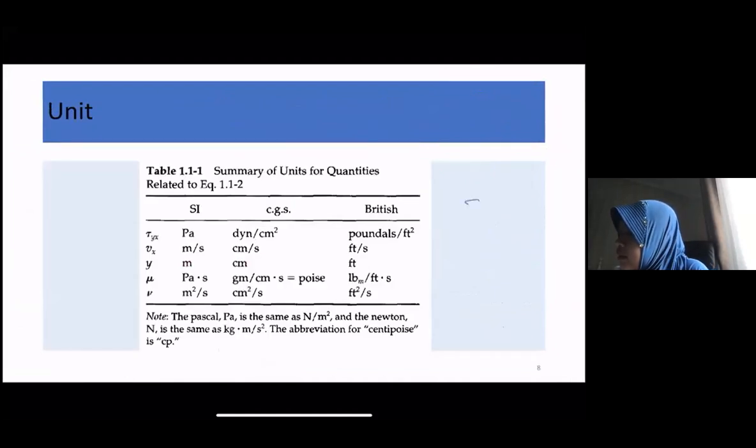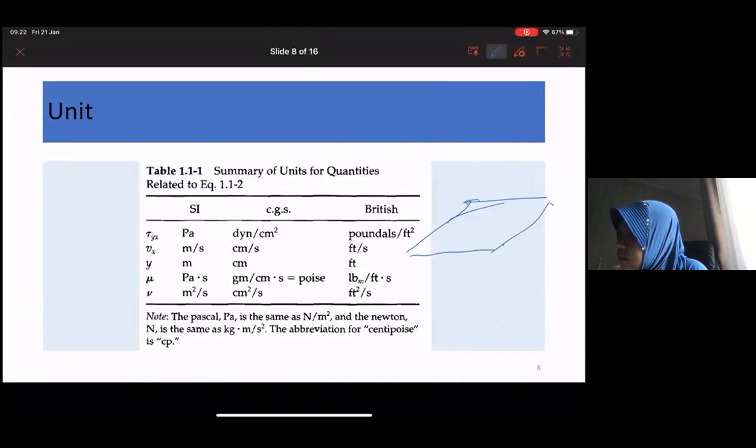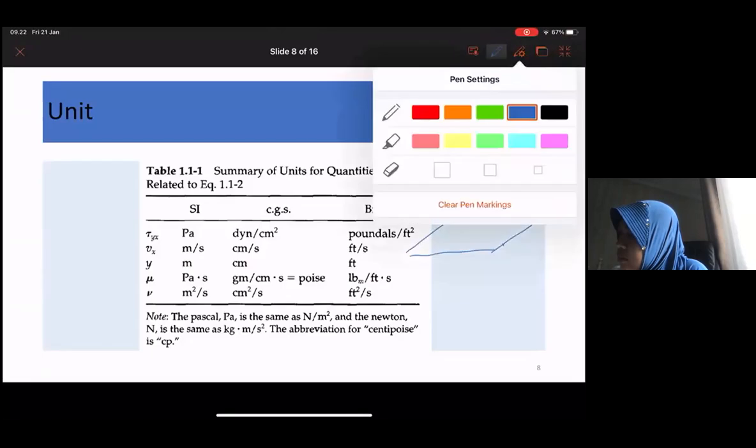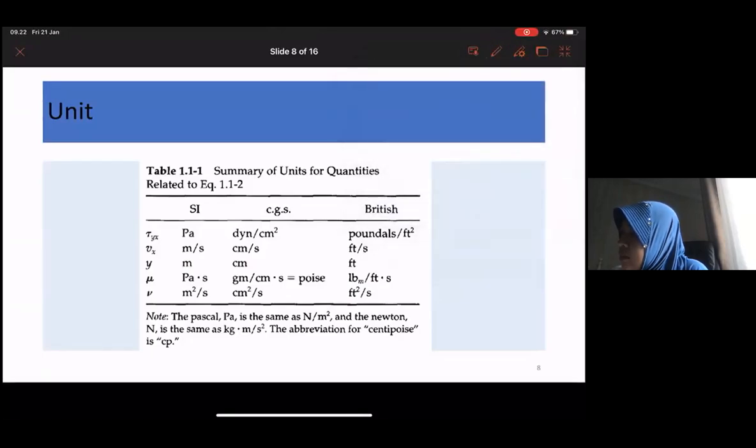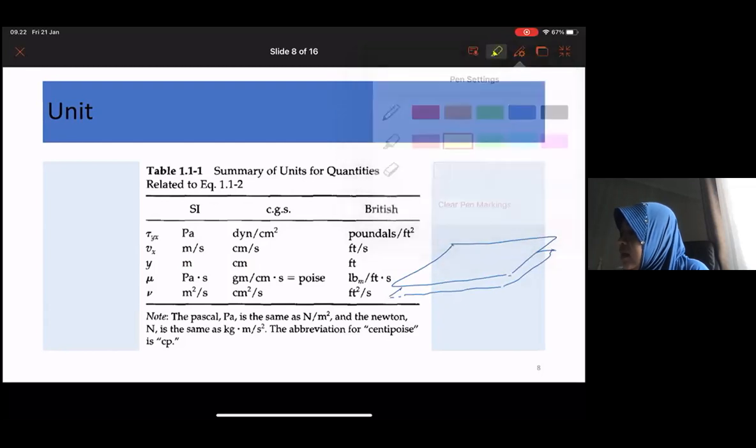There is a large plate like that, and then there is another one at the bottom, and between those plates there is some fluid.